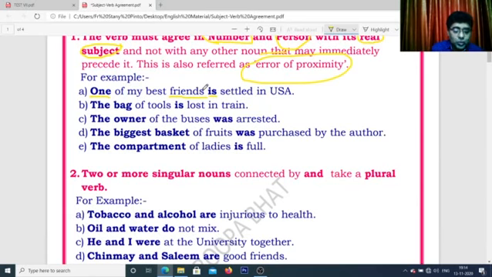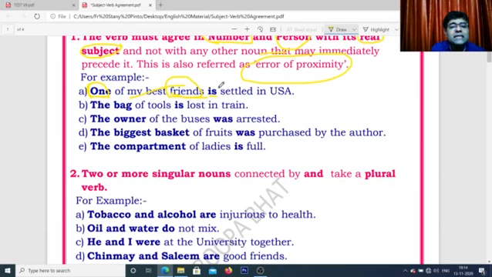Though friends is plural, look here, the number one is there. Though we are speaking of friends, we are not referring to all of them. Imagine I have 10 best friends, and among the 10, today I am referring to only one.